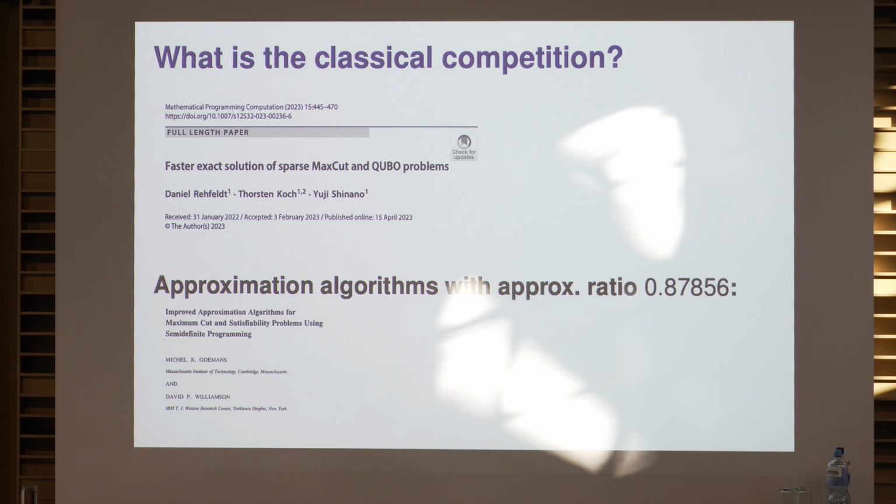So you can now think how big your quantum computer needs to be to start to compete with this. Then there's the famous algorithm by Goemans and Williamson, which is an approximation version. You don't want to find the best maxcut, but to be as near as possible to it, and they have this approximation ratio. They have this weird number, and it's not known if you can be a little bit better than this, but not much better you cannot be, because then you would also be NP hard. So this is the classical competition.